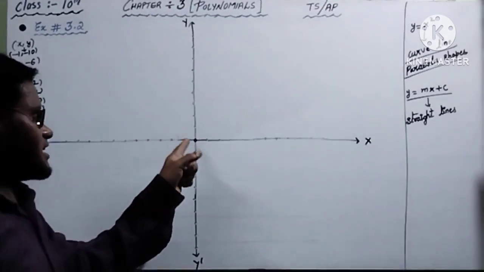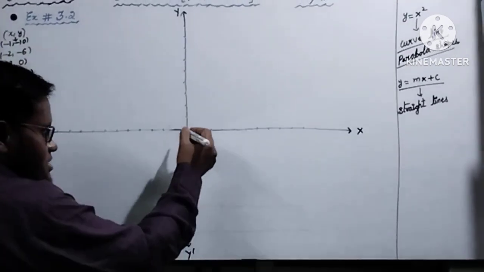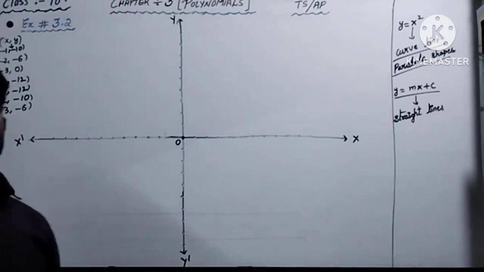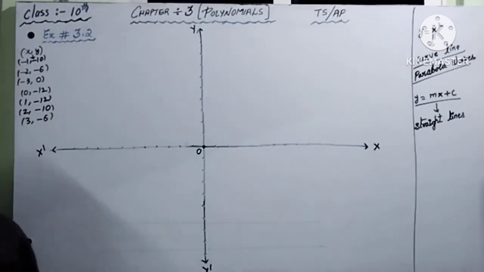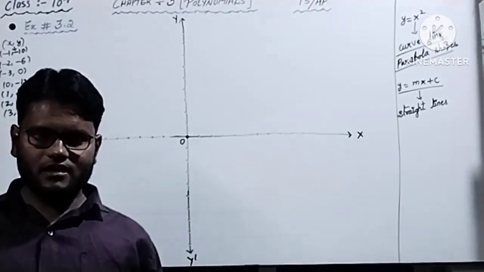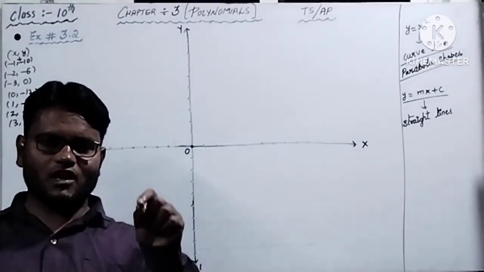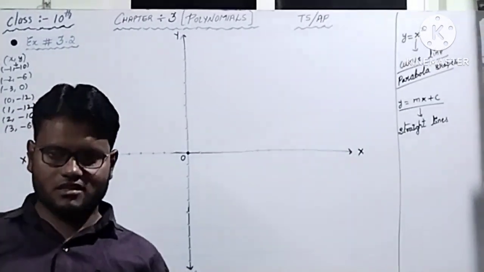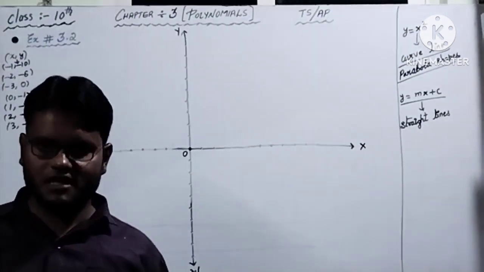This point is 0, 0: x value is 0 and y value is 0. That is called the origin.